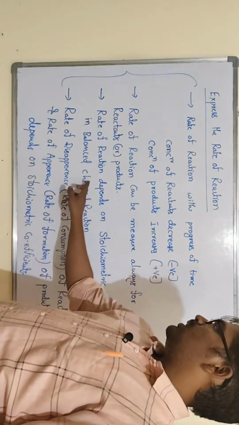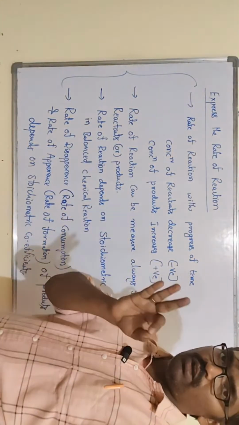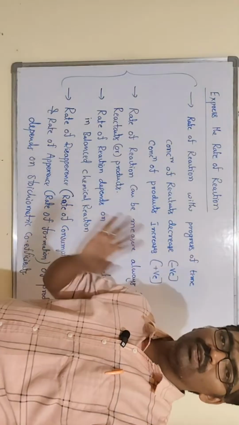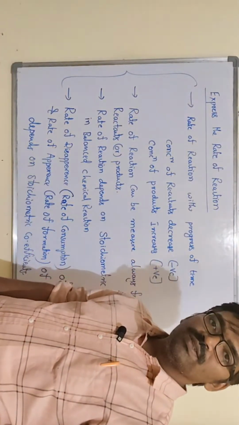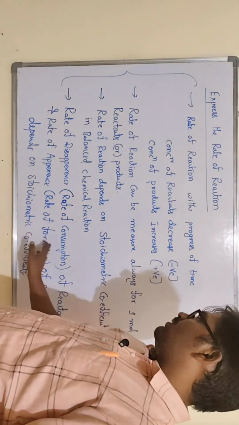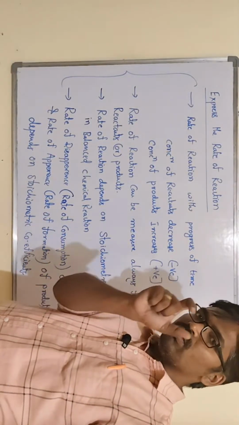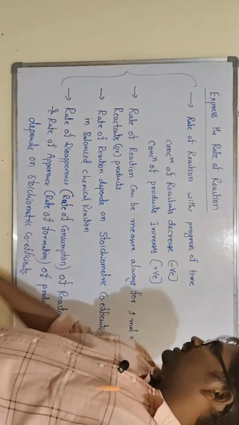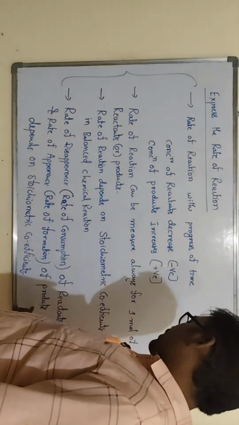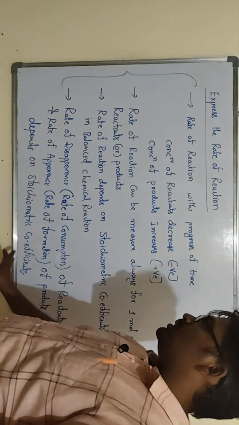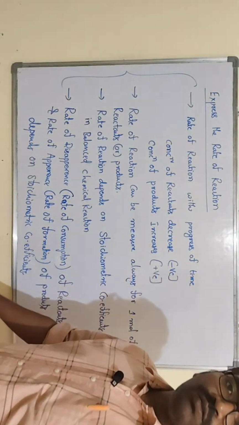Then rate of reaction depends upon the stoichiometric coefficients of the balanced reaction. The next, rate of disappearance, or rate of consumption of reactants, and rate of appearance or rate of formation of products do not depend upon the stoichiometric coefficients.